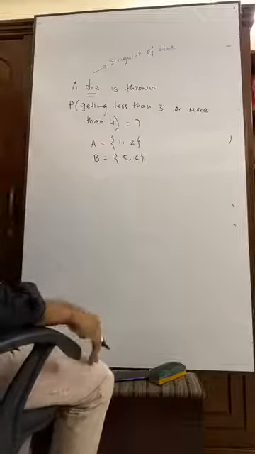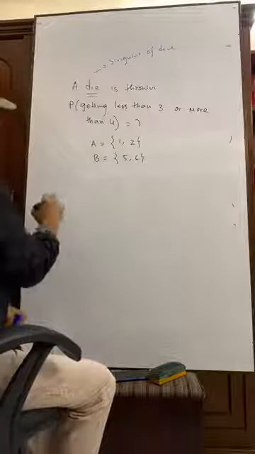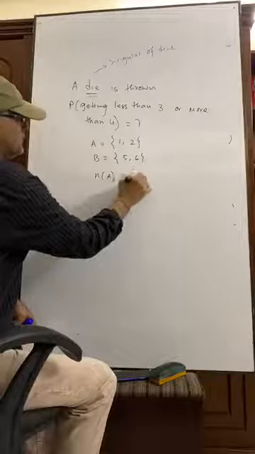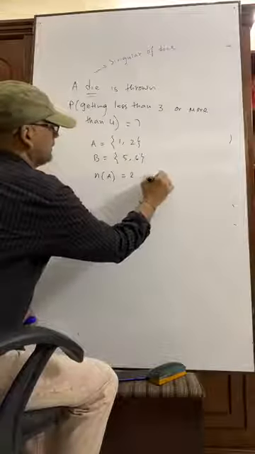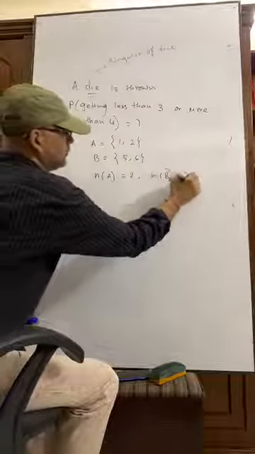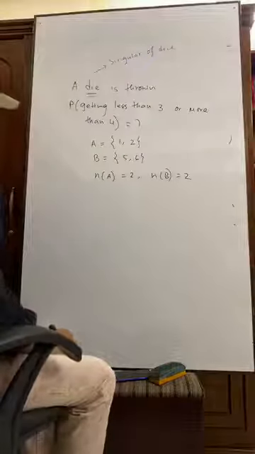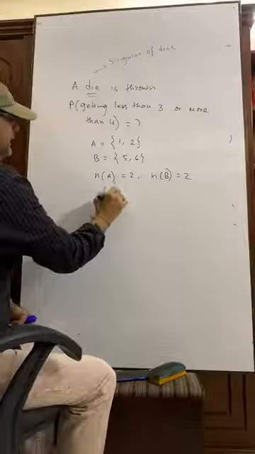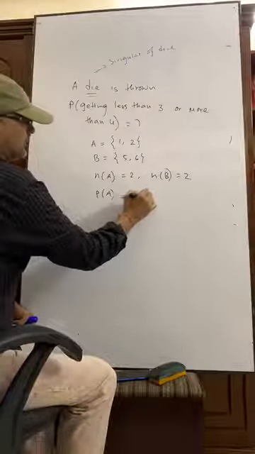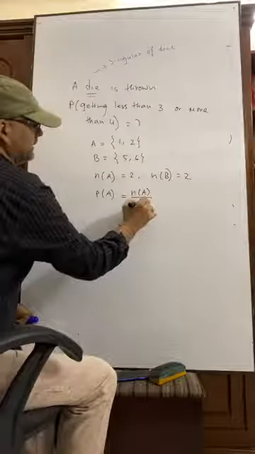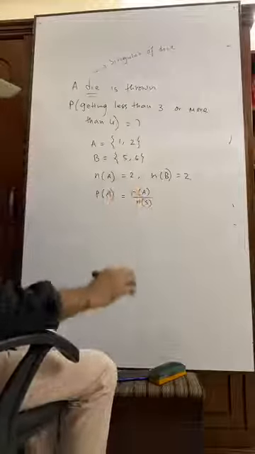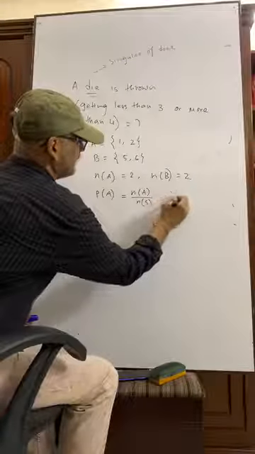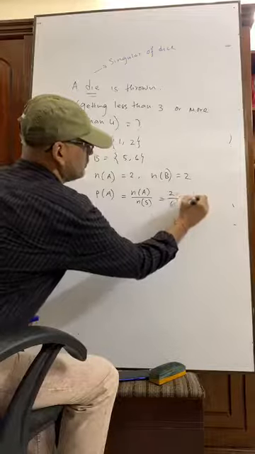Actually, what you are getting here, n of A is equal to 2, n of B is equal to 2. So, probability of A is equal to n of A by n of S. Here S means total outcomes. That means 2 by 6 equals to 1 by 3.